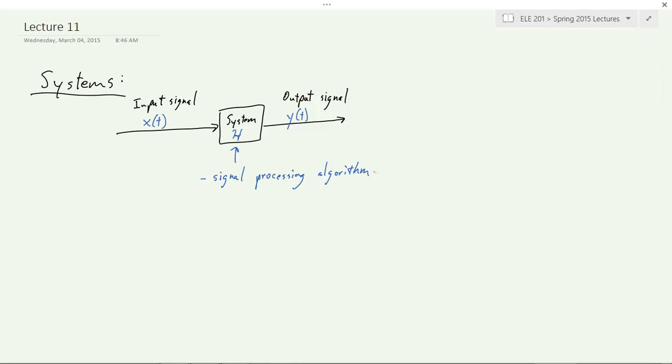Maybe it's denoising some audio recording or something like that. Okay, but there are many other things this system could be. It could be something like a circuit, and you might want to know, what is this circuit doing to a signal? Okay, it could even be a mechanical device.